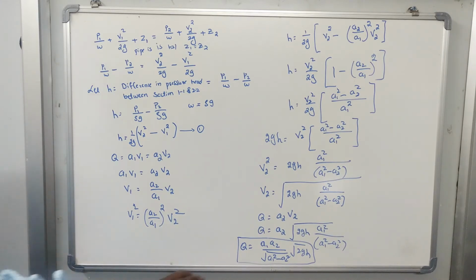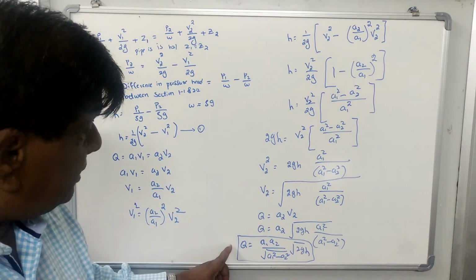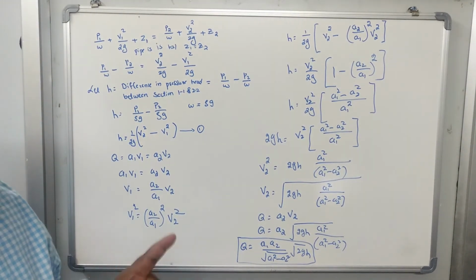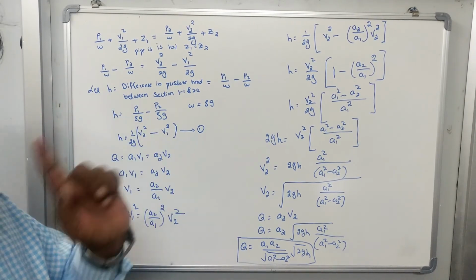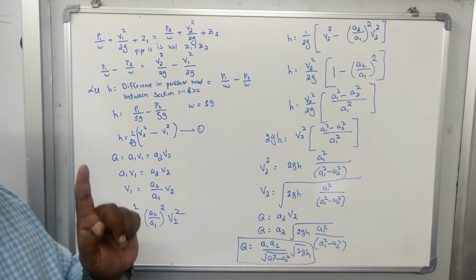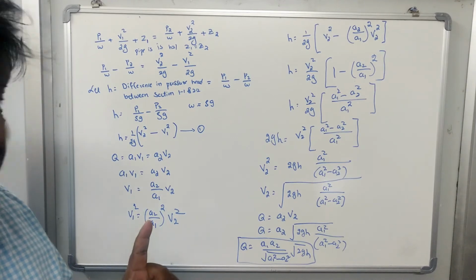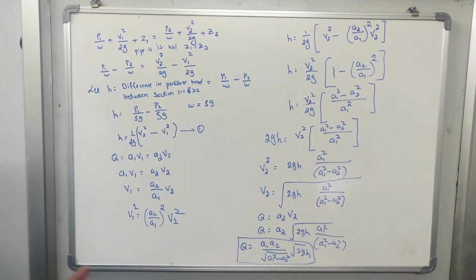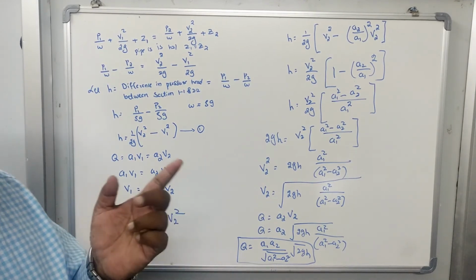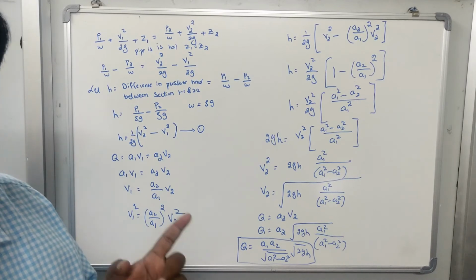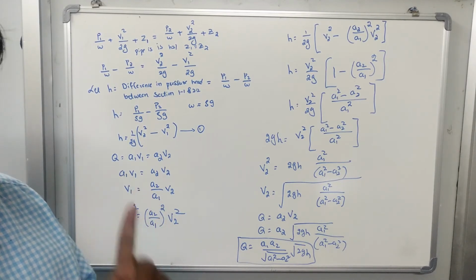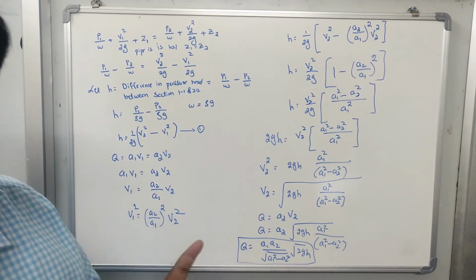Since we have derived the Bernoulli's energy equation based on the Euler's motion equation, that is, by integrating the Euler's motion equation, but while deriving the Euler's motion equation we have considered the fluid to be ideal. That is not a real fluid, it is a theoretical fluid.